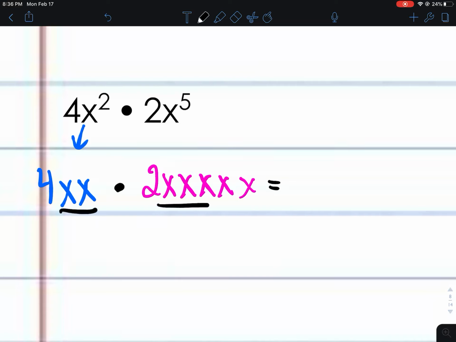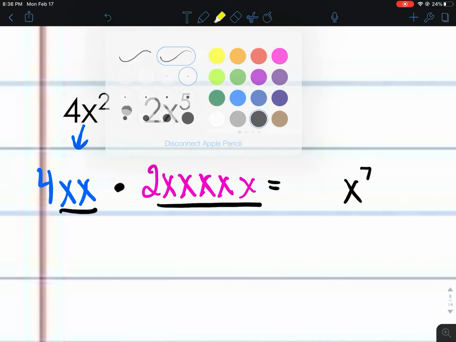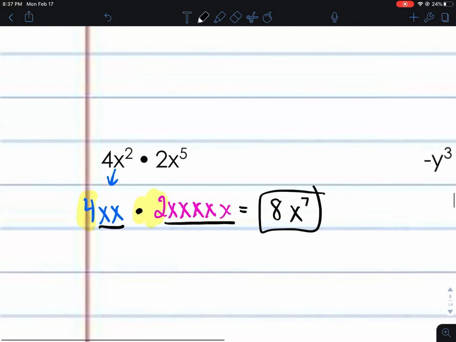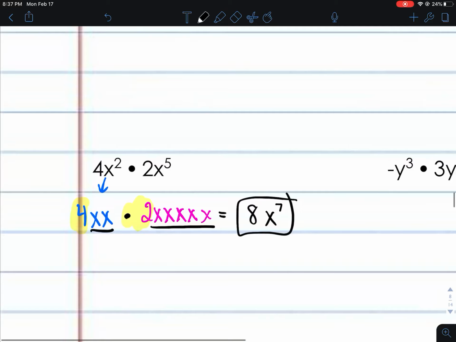So 1, 2, 3, 4, 5, so that means we have x to the 7th power. Your coefficients are just numbers, so you're just going to go ahead and multiply them together. So 4 times 2 is 8. So that would be the simplified version of that. It'd be 8x to the 7th.